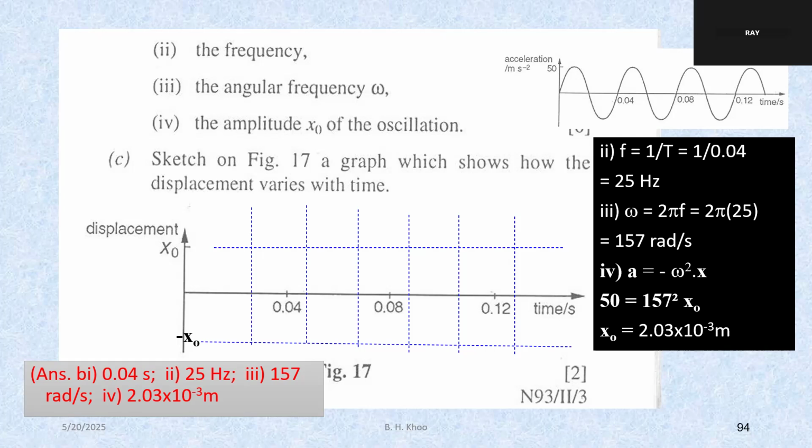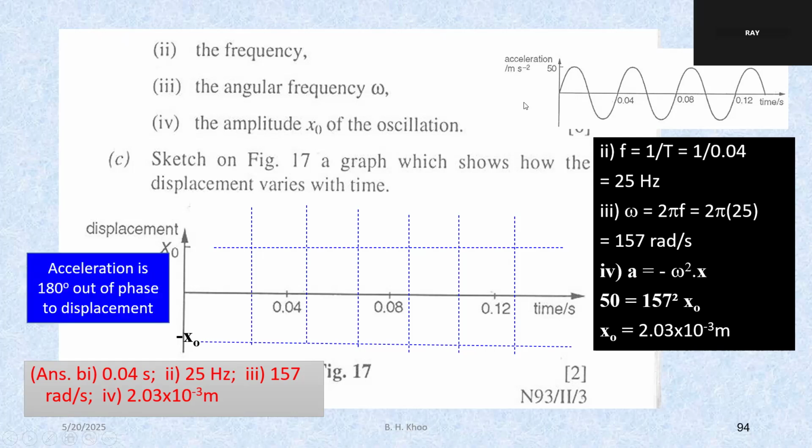Sketch the graph to show how the displacement varies with time. Remember that acceleration and displacement are 180 degrees out of phase, so inverted.